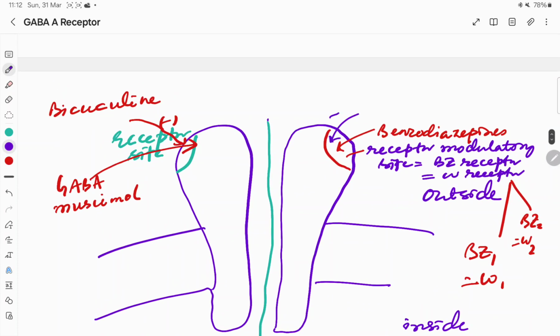Flumazenil acts as an antagonist on both omega 1 and omega 2. So benzodiazepines are non-selective and flumazenil is also non-selective. Both are non-selective, meaning they act on both BZ1 and BZ2.